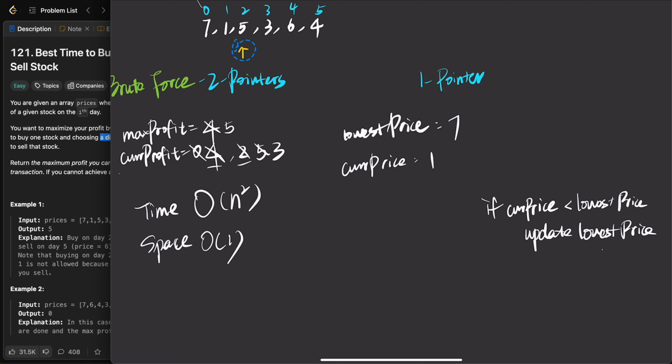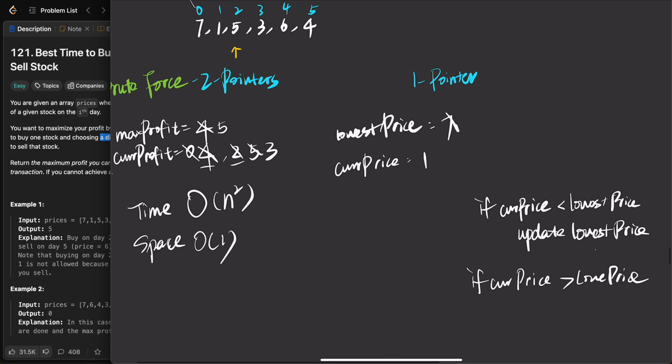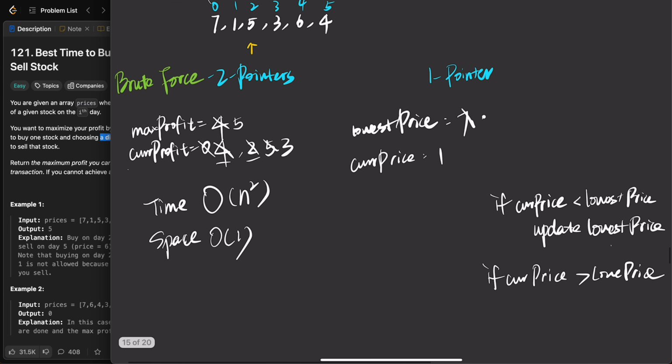And now we found that the current price is larger than the lowest price. It means that, because we always have this to help us keep track of the previous prices, which is the lowest price, we can have a 1 here, right?